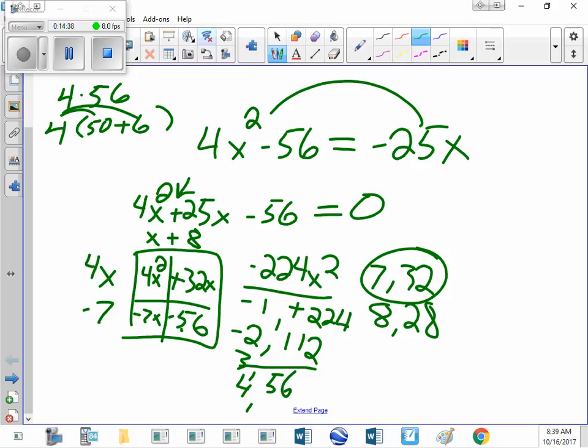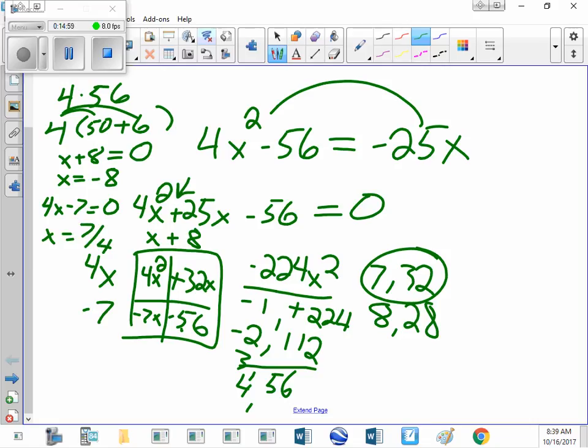Yes. Okay. So we end up with x plus 8 equals 0. What would the root be? Negative 8. And I end up with 4x minus 7 equals 0. Add the 7, divide by 4, x equals 7/4.